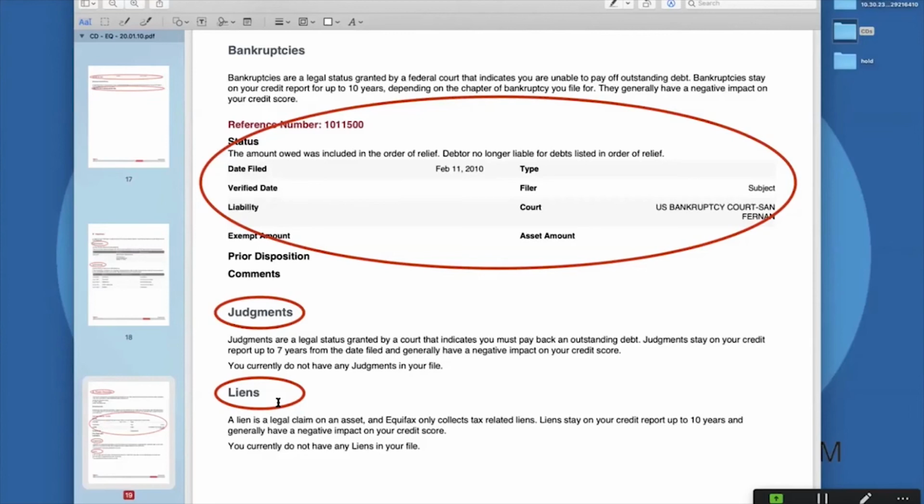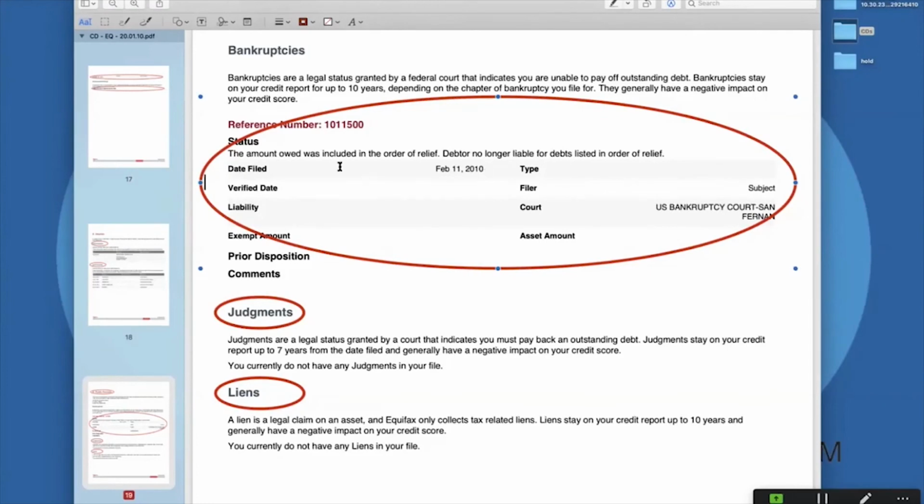So judgments, liens, many, if not most of them, did not pass muster. They did not have these 5 points that needed to be reported. Well, I'm going to show you an example here of a bankruptcy. Notice, date filed. Yep, we've got the date filed, and we've got the bankruptcy court of San Fernando.